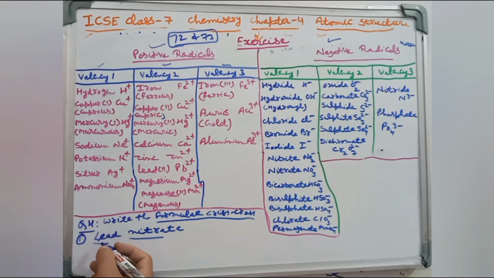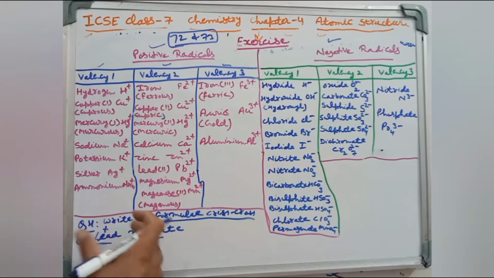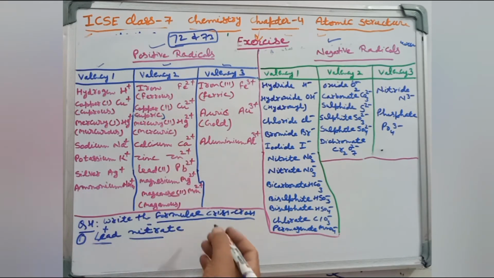The one written on the left is the positive radical and the one on the right is the negative radical, right? This is the most important thing to keep in mind. If you have cleared this, you have done 90% of writing the crisscross formula, right?